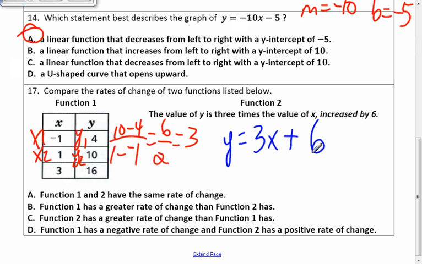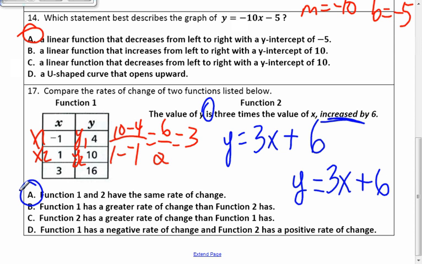I'll do that a little slower now. The value of y is, I see the word is, that's like an equal sign, 3 times the value of x. When you multiply a number and a variable, you just write them next to each other. Increased means plus 6. So the slope of that is 3. So function 1 and 2 have the same rate of change.